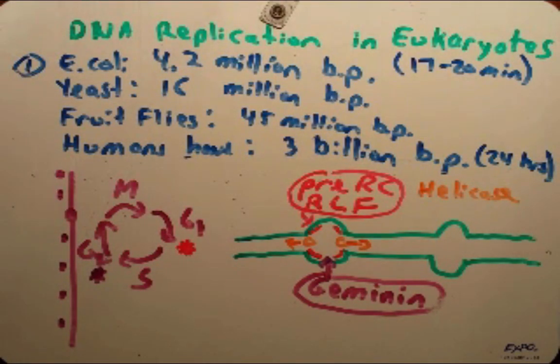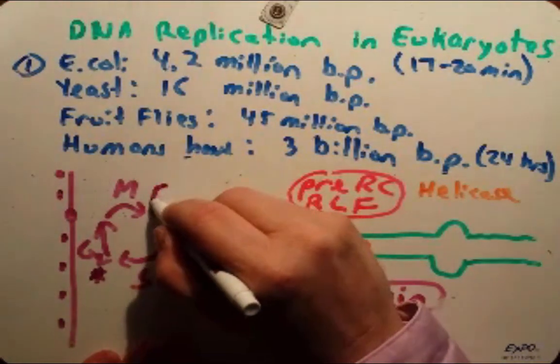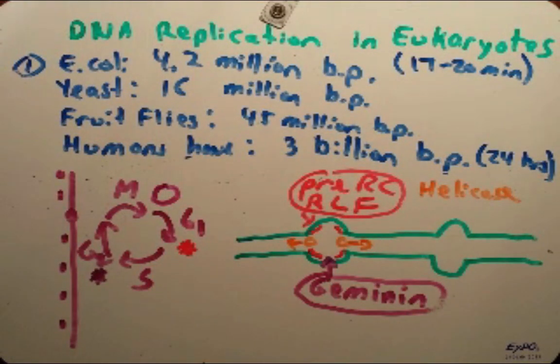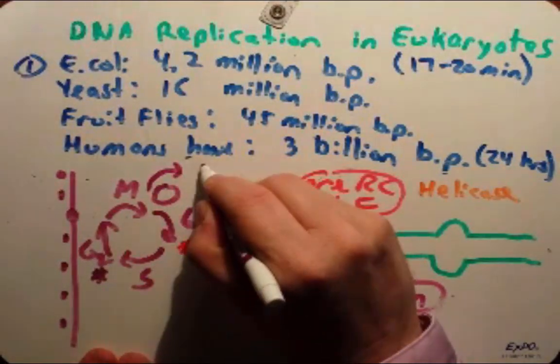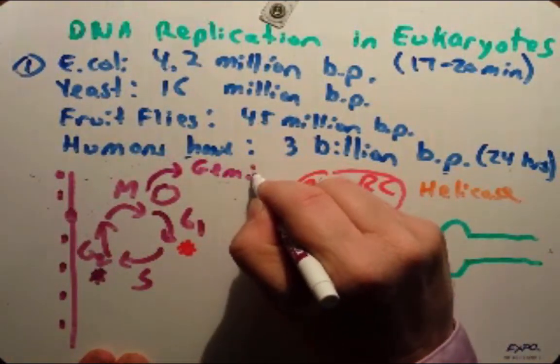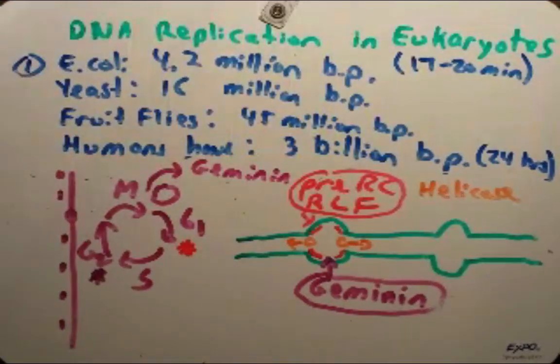What has to happen after M phase, because remember after M phase you've created a brand new cell here, and at some point you're going to copy the DNA. And so once this new cell is formed, right before it enters G1, geminin falls off. So I'm going to go over this again real quick.